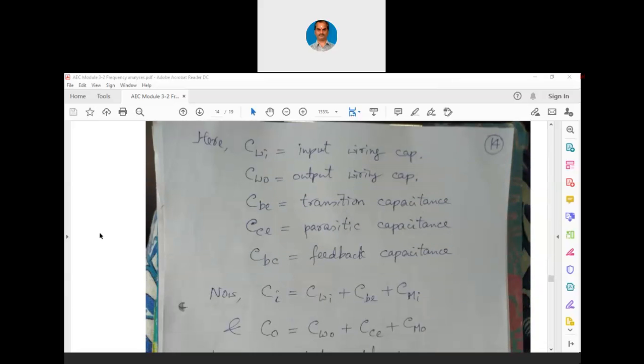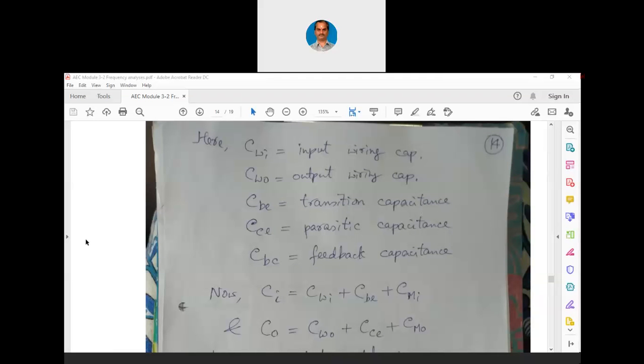So here I have given a brief explanation. CWI is input wiring capacitance, CWO is output wiring capacitance, CBE is transition capacitance, CCE is parasitic capacitance, CBC is feedback capacitance. We have distinct names here. CBE is transition capacitance.